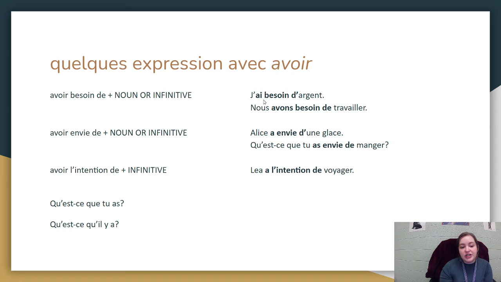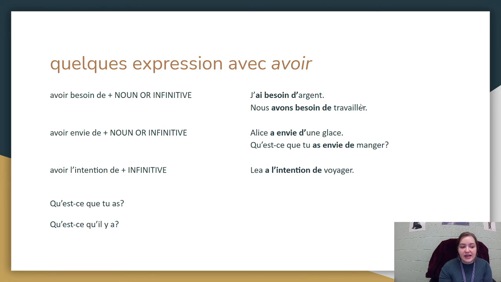For example, j'ai besoin d'argent. I need money. Or, nous avons besoin de travailler. We need to work, okay? So you can see here, this one is avoir besoin de plus a noun, argent.